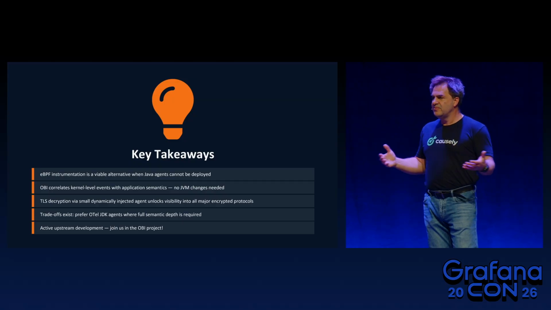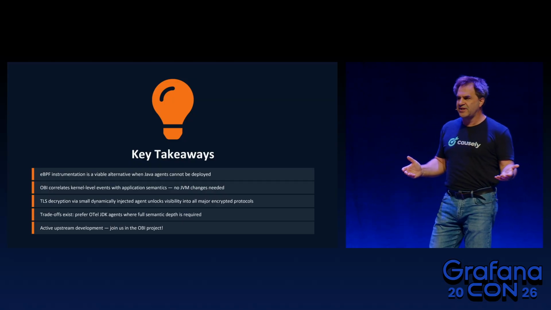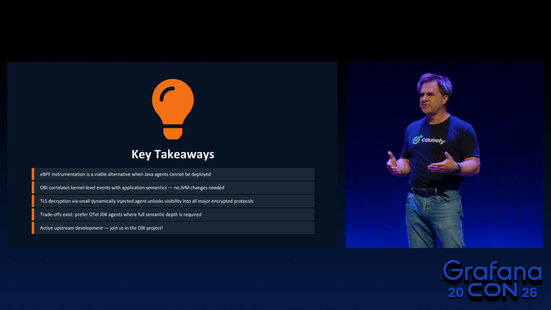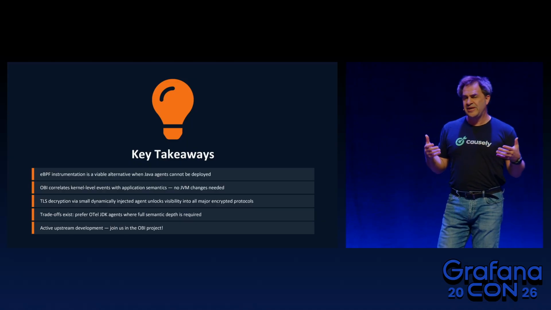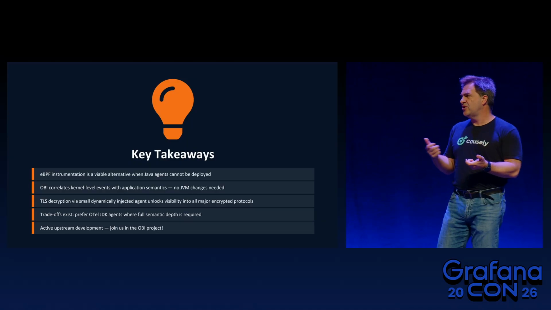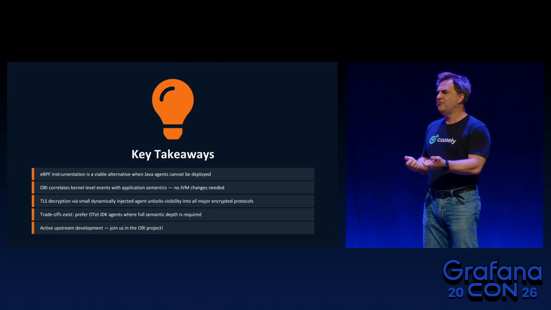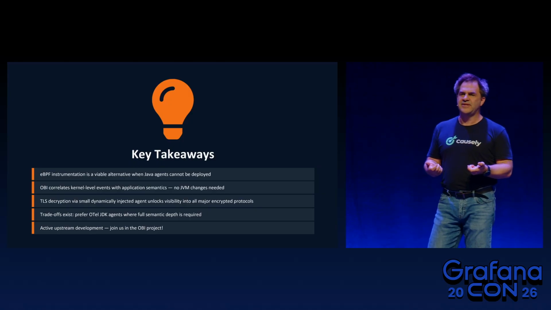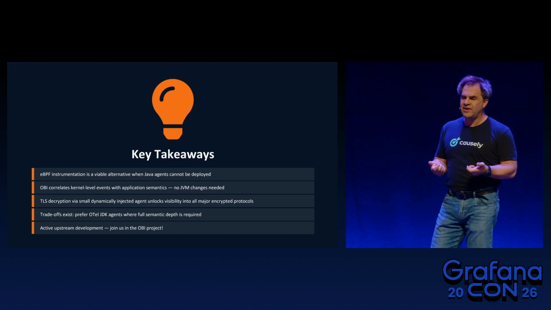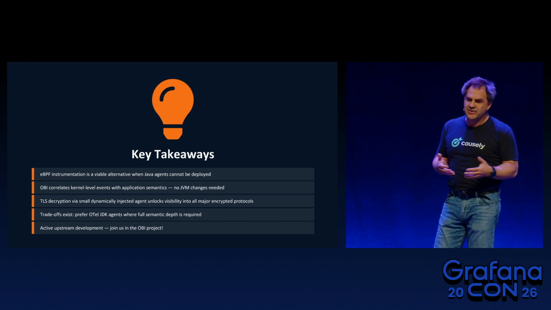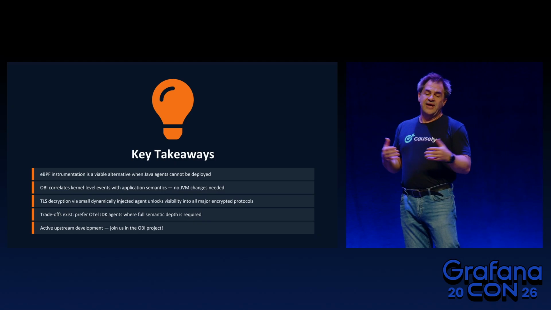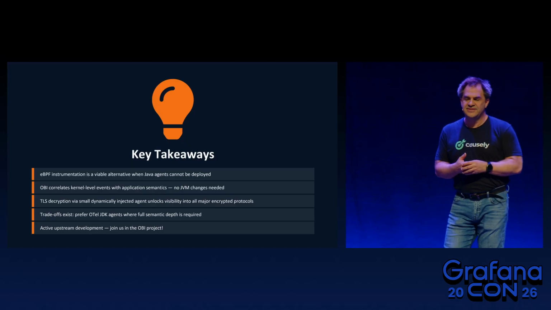People care about network-level statistics, but what's really important is understanding the behavior of the system, the interaction between the services, even down to the API, Kafka topic, and SQL database table query level. You get this out of the box with OBI, including with TLS.